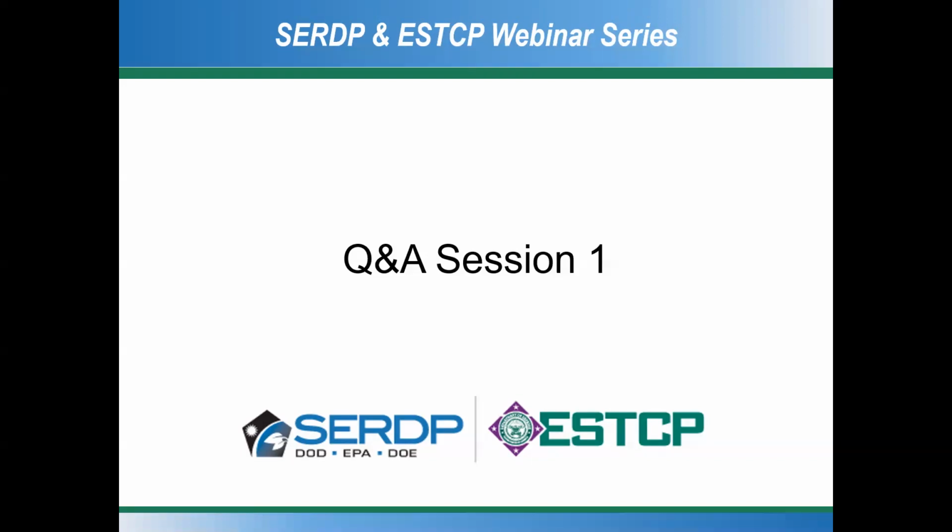Great, thank you. This question has to do with potentially adapting your technology. Do you think that the synergistic system can be adapted, for example, for in situ treatment? That's a good question. Of course, we're testing it now directly for ex situ treatment. But could it be done in situ?